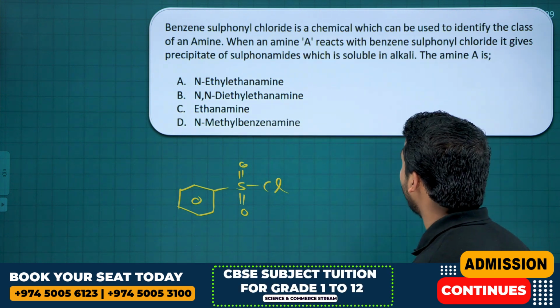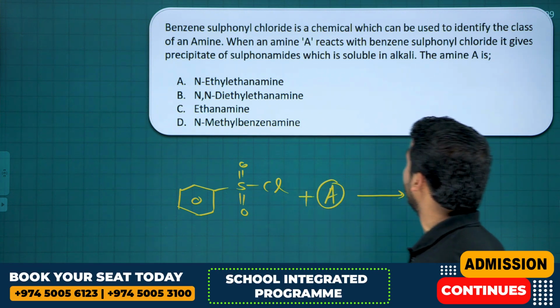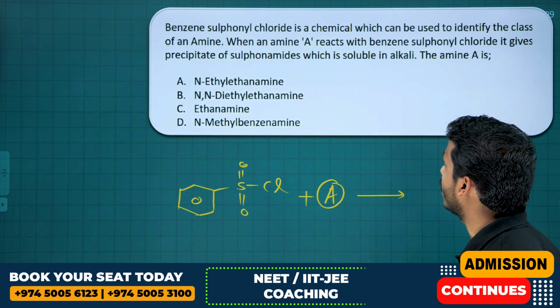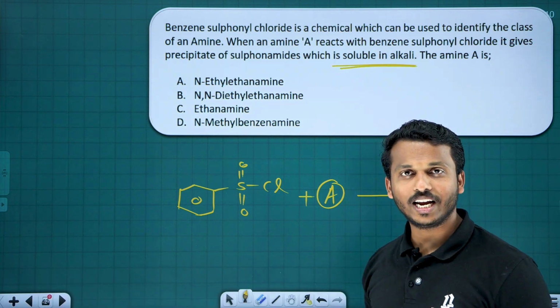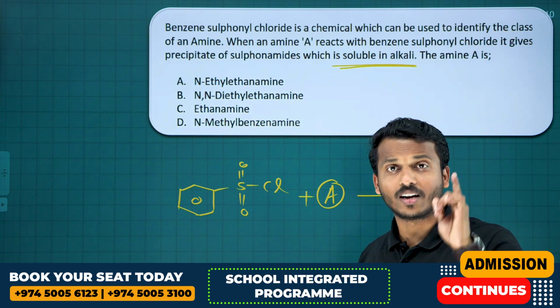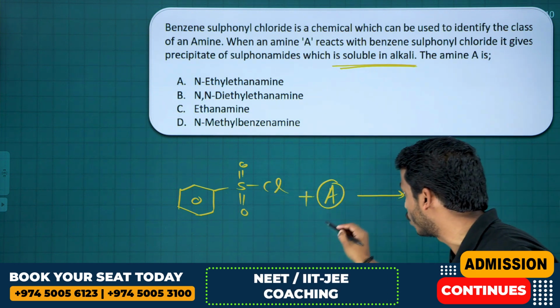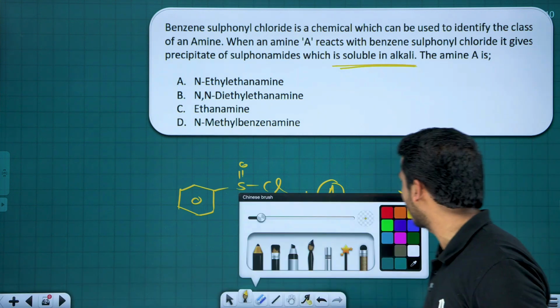When an amine A reacts with the Hinsberg reagent, benzene sulfonyl chloride, it gives a precipitate of sulfonamide, which is soluble in alkali. We studied that when a primary amine reacts with the Hinsberg reagent, it gives a product which is soluble in alkali. So A is a primary amine. Which is a primary amine?